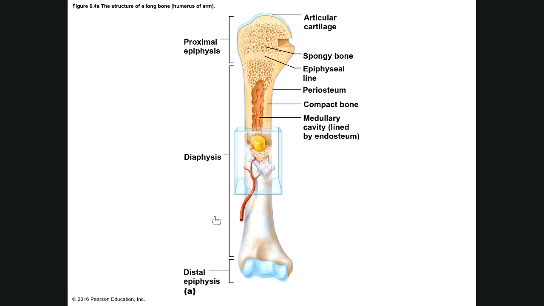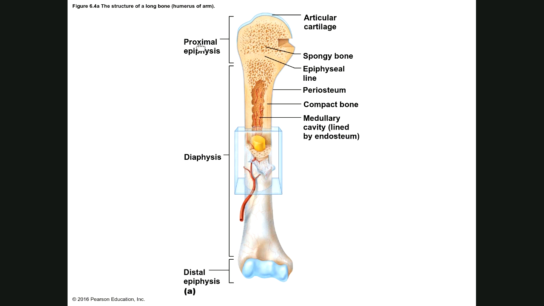In any case where you have two parts that have the same name, you have to distinguish them. So definitely you should know the difference when we're dealing with long bones. The epiphysis that is attached to the axial skeleton is called the proximal epiphysis.